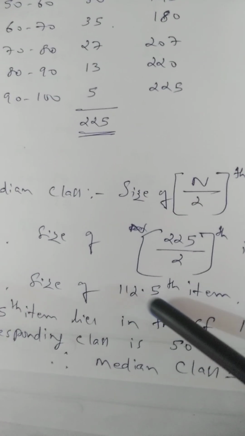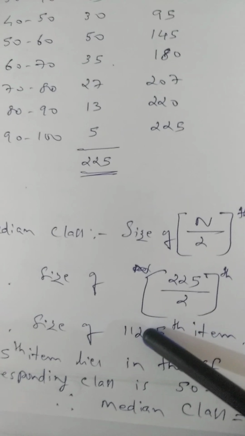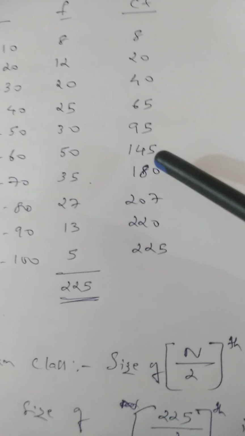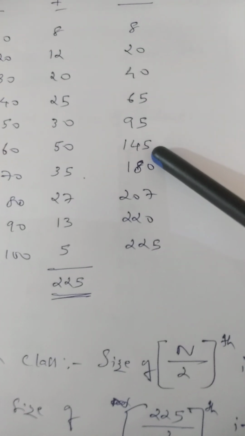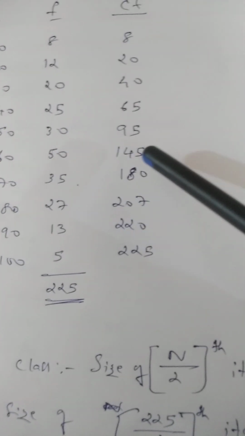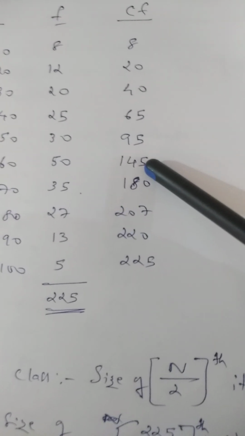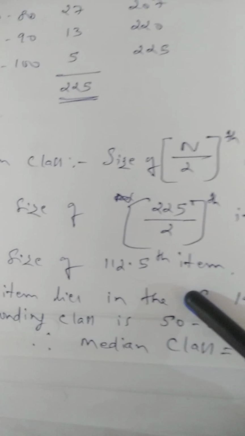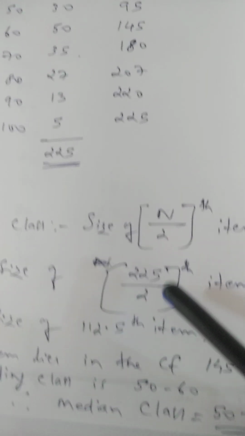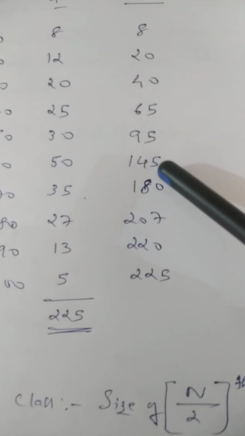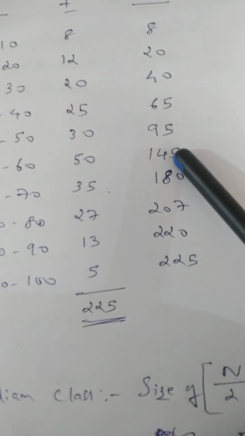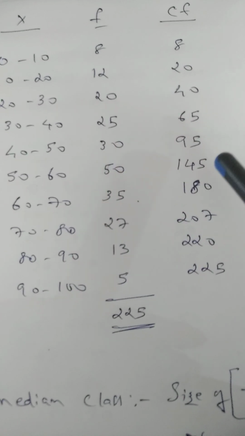All these values cannot cover this 112.5th item because this is a higher value than these values. But when you come to the next cumulative frequency 145, definitely this 145 can cover the 112.5th item. Right?